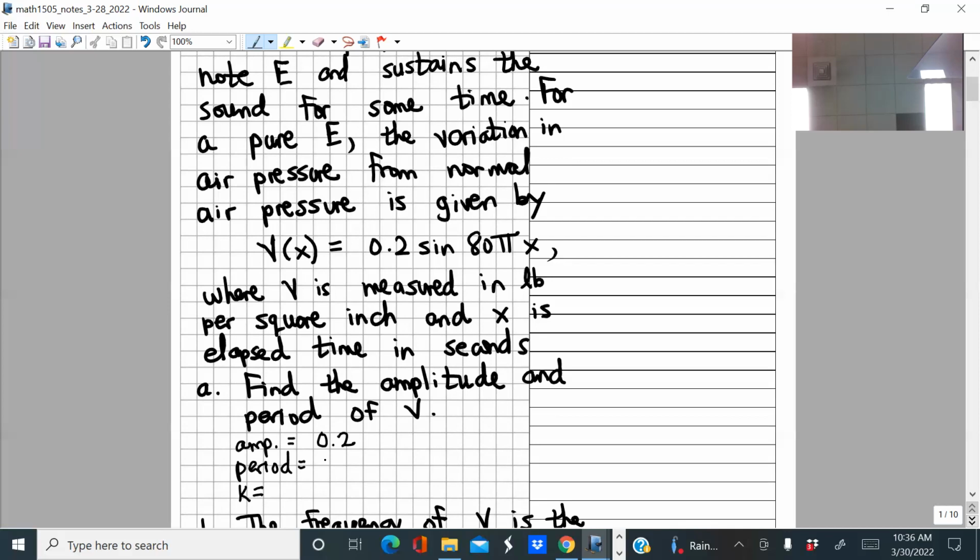But this formula, remember, is 2 pi over K, where K is the coefficient of x. So what's the coefficient of x here? Obviously, 80 pi. So we get 2 pi over 80 pi, and conveniently the pi's divide out, and we end up with 1 over 40, a second. So this curve is going to make one complete cycle in 1/40th of a second.